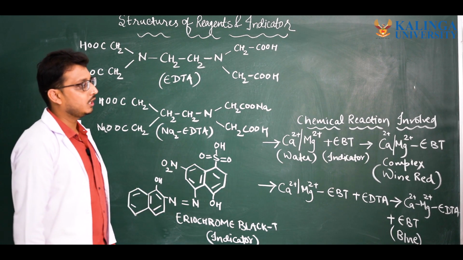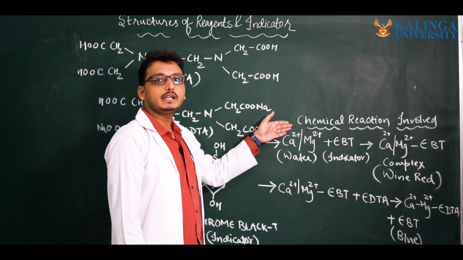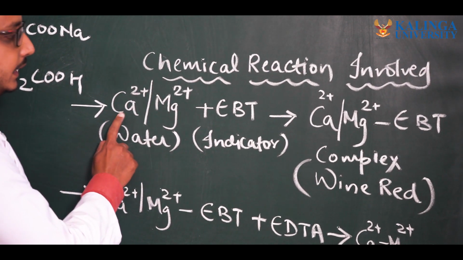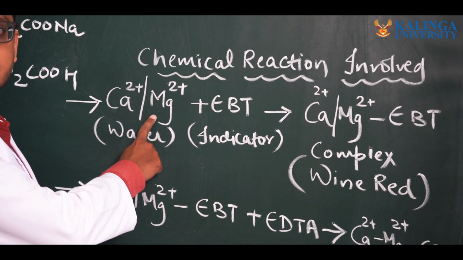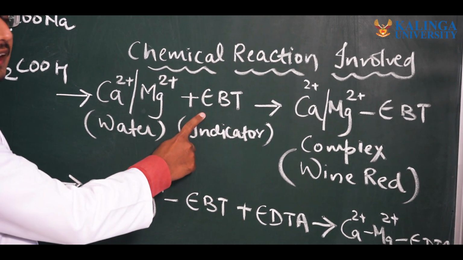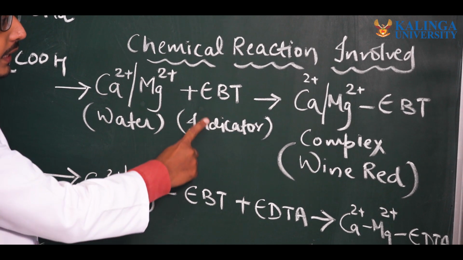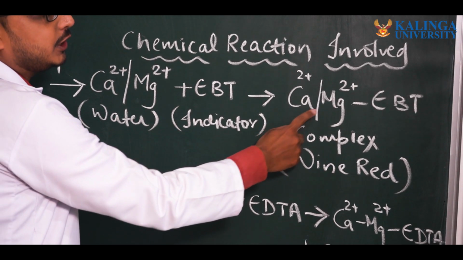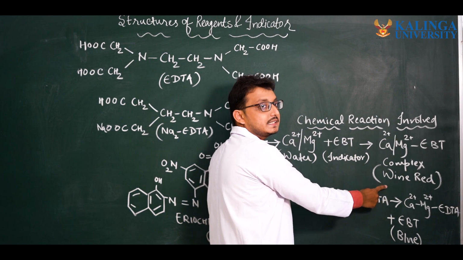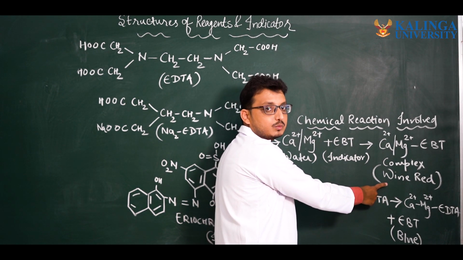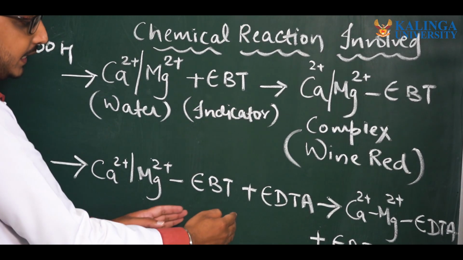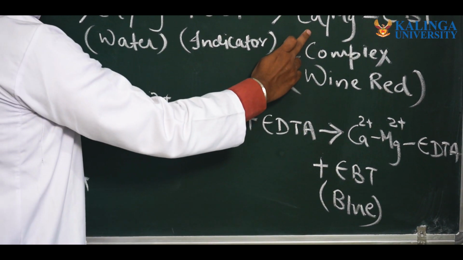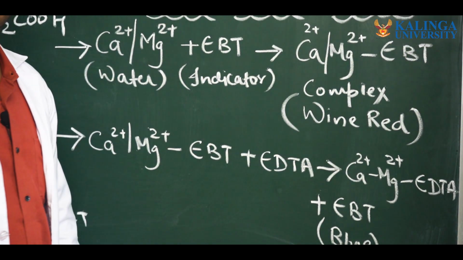Let us concentrate on the chemical reaction involved in the calculation of hardness of water. Step 1. The calcium or magnesium salt present in the water reacts with the EBT, which is used as the indicator, to develop the calcium magnesium EBT complex, which has the wine red color. This wine red color solution is titrated against the EDTA taken in the burette. Calcium magnesium EBT complex is quite unstable.